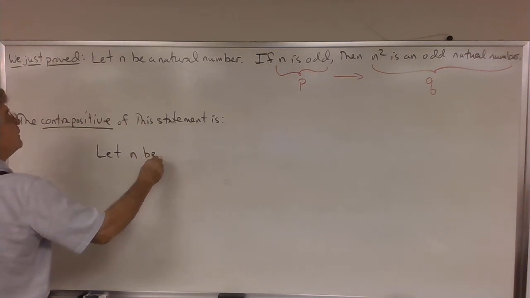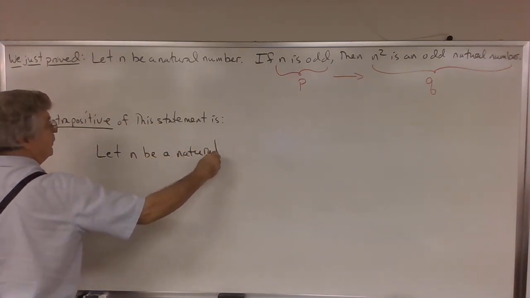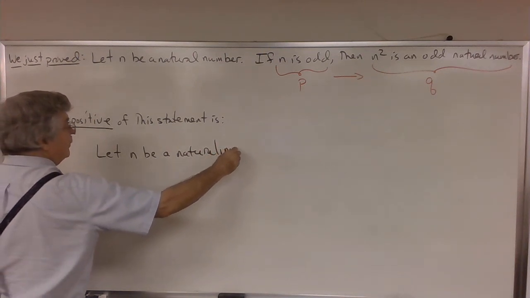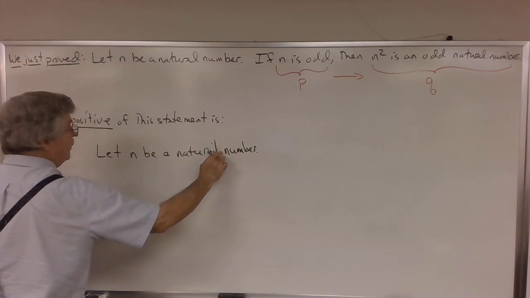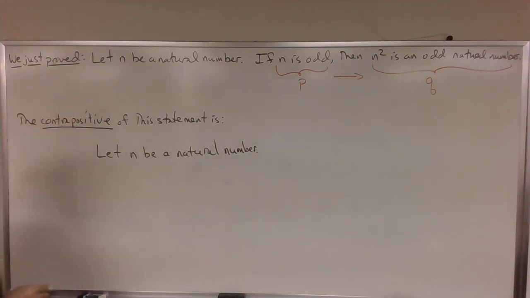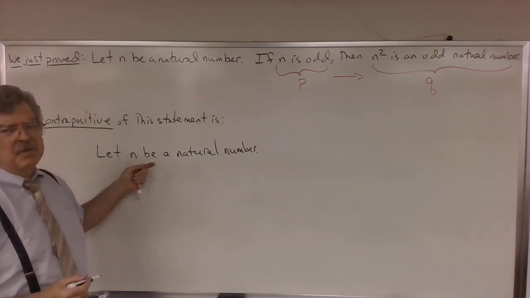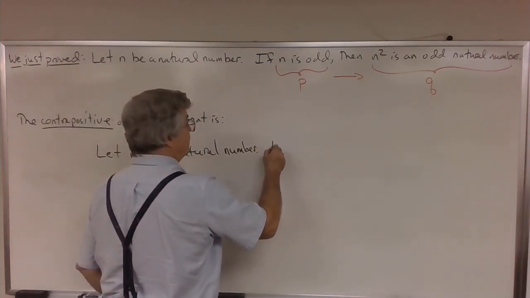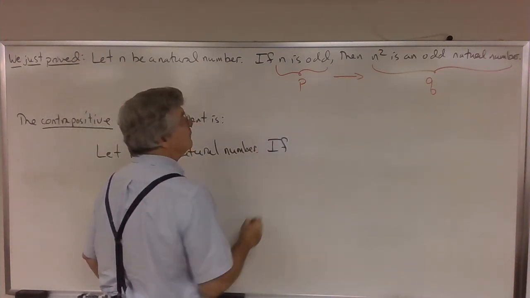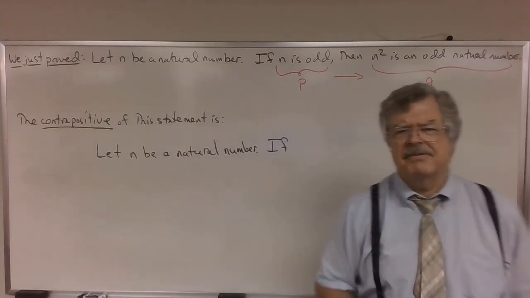Let n be a natural number. And if n is a natural number, of course, n squared is going to be a natural number. So let's see. We want the contrapositive.